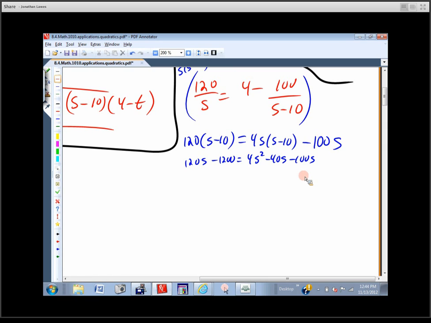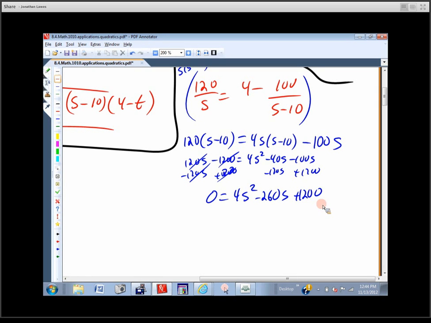Let's move everything over to the right. That leaves me with a positive s squared. So I'm going to subtract 120s, and I'm going to add 1200. I get 0 on this side, 4s squared, and these are all s's, so I get negative 260, is that right? And then plus 1200.